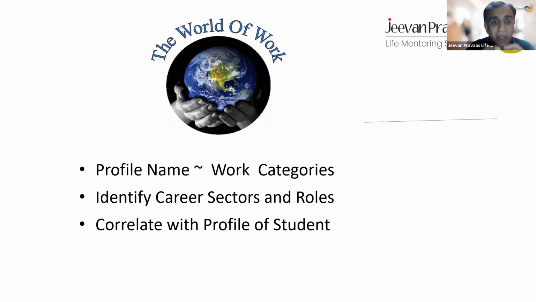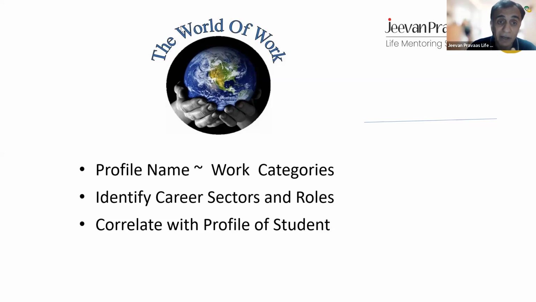For example, a teacher is teaching in a class. If I remove the students from the class, will the teacher's job exist? The teacher is teaching a subject, but if there is no class and there are no students, will the teacher's job exist? So the teacher is a people-oriented role.